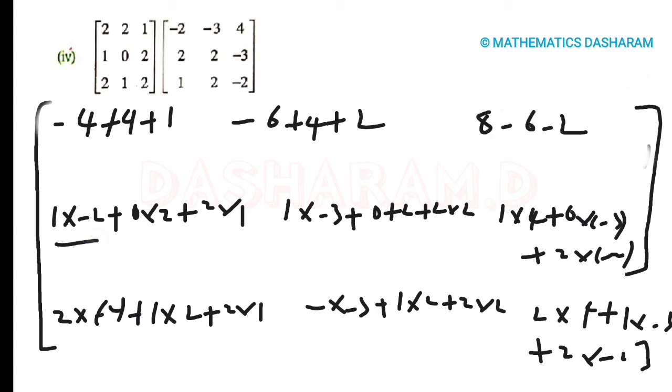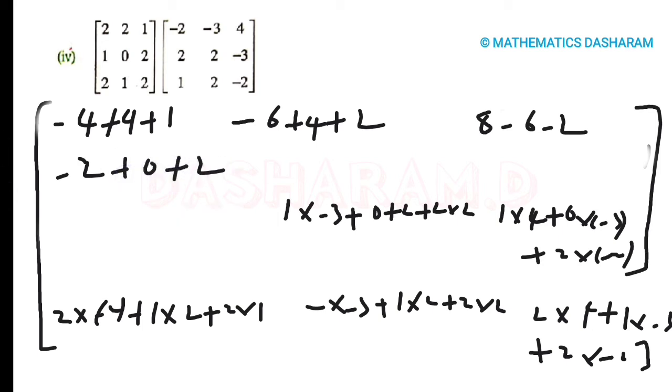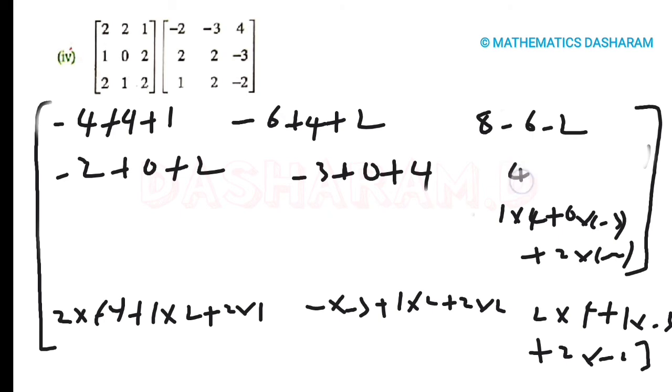Next here, 1 into minus 2 is minus 2, 0 into 2 is 0 plus 2 into 1 is 2. Next, 1 into minus 3 is minus 3, 0 into 2 is 0 and 2 into 2 is 4. Next here, 1 into 4 is 4, 0 into minus 3 is 0 and 2 into minus 2 is minus 4.